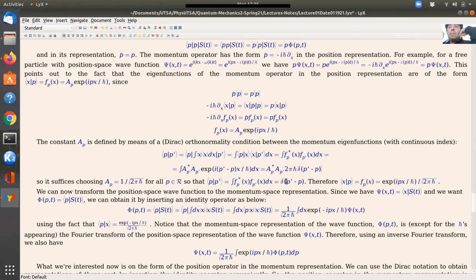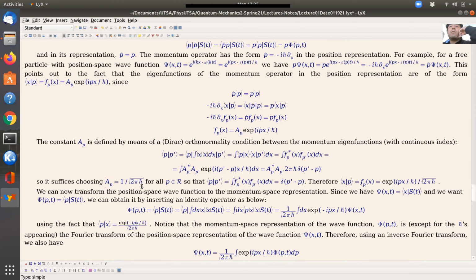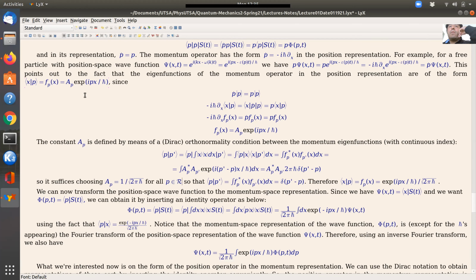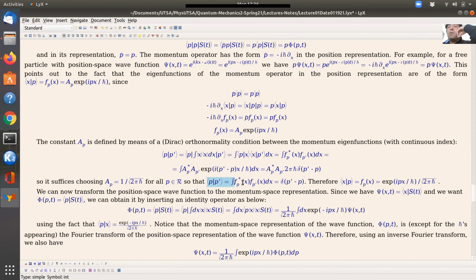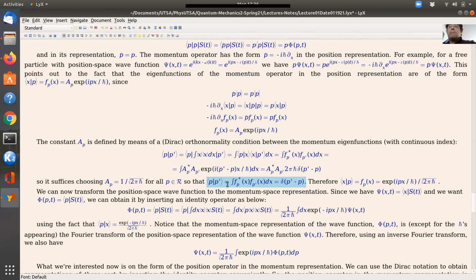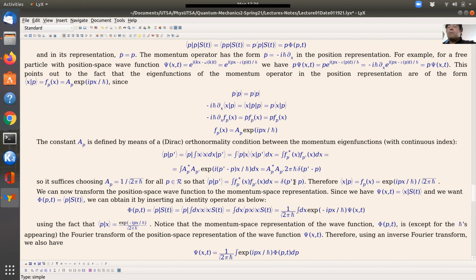So what we're trying to say is that we're missing to define this coefficient. It's sufficient to choose A_p equal to 1 over square root of 2 pi h bar for all the p's. So in principle, this could depend on p, but it's not going to be the case. If you make this choice, basically you get what you want, which is that the inner product of two different momentum eigenfunctions will get you the Dirac delta.